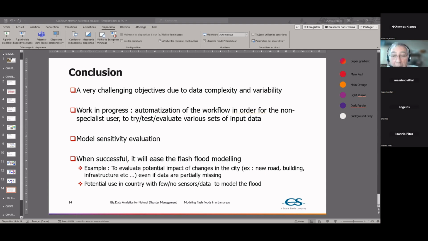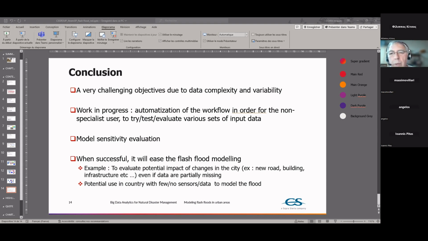The data are coming mainly, some part from the National Geographic Agency in France, and the others from the city of Nîmes. All the information on precipitation and historical events comes from the city, from the archive there.